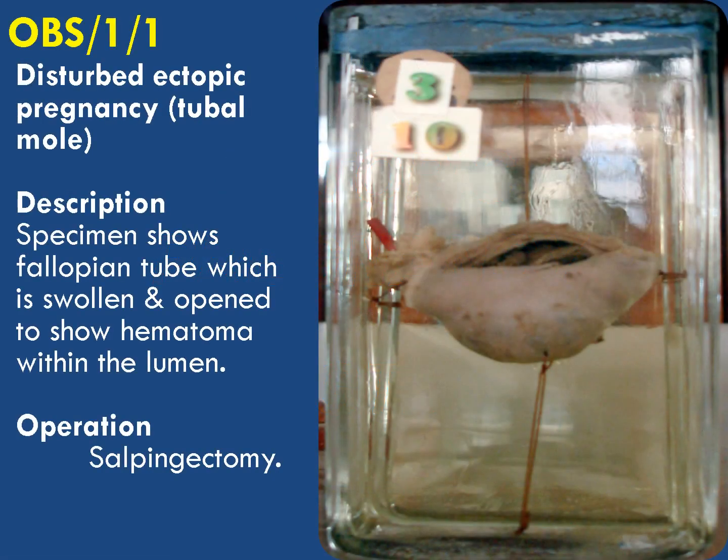This slide demonstrates a case of tubal mole. Tubal mole is one of the varieties of disturbed ectopic pregnancy. Specimen shows a swollen fallopian tube removed by salpingectomy. The tube is opened to show a hematoma within the lumen.